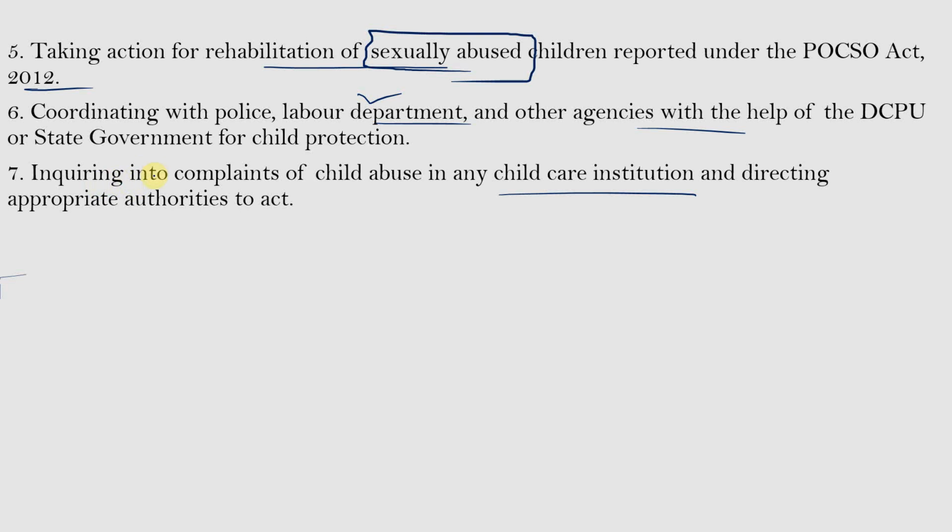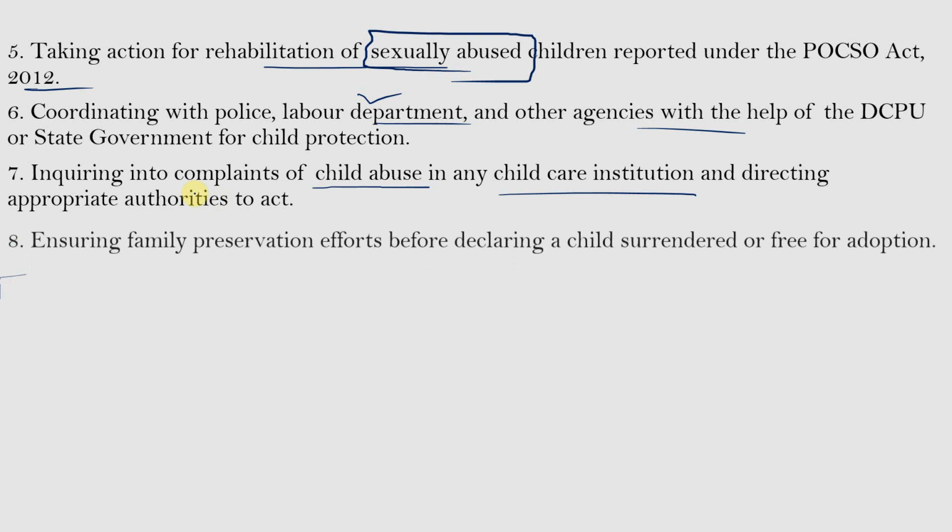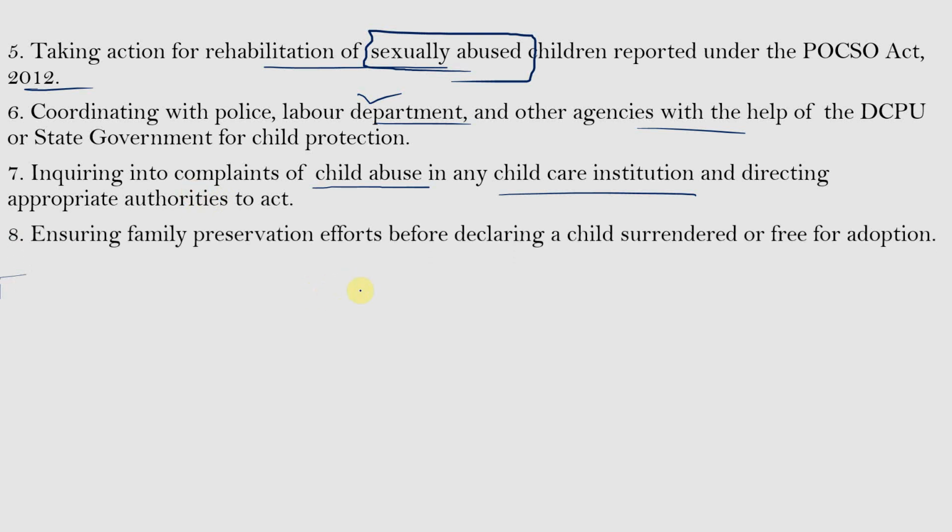So it is the duty of the Child Welfare Committee to take the complaints related to any child abuse in any child care institution, and it shall direct appropriate authorities to take action, and to ensure family preservation efforts before declaring a child surrendered or free for adoption.